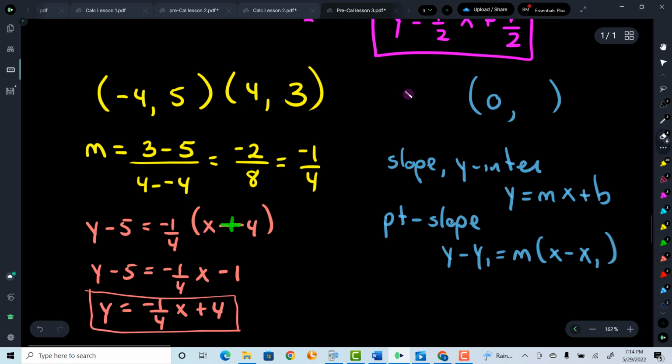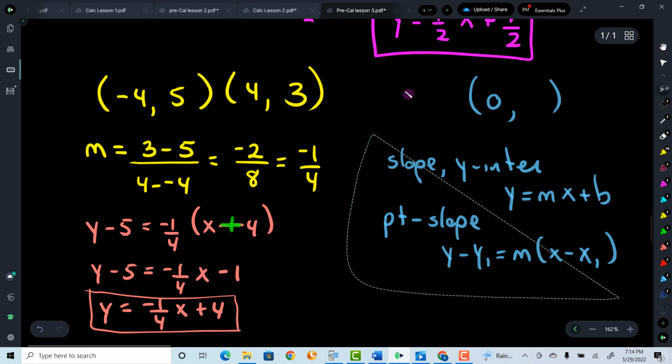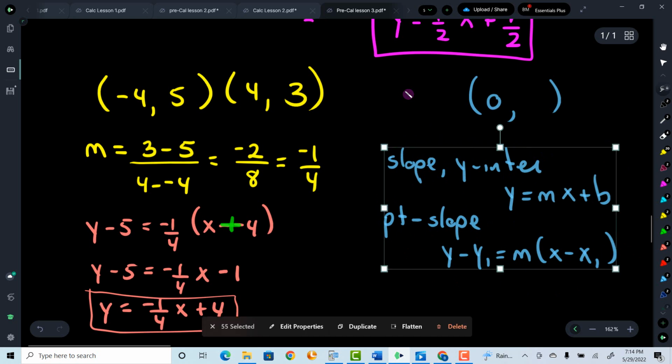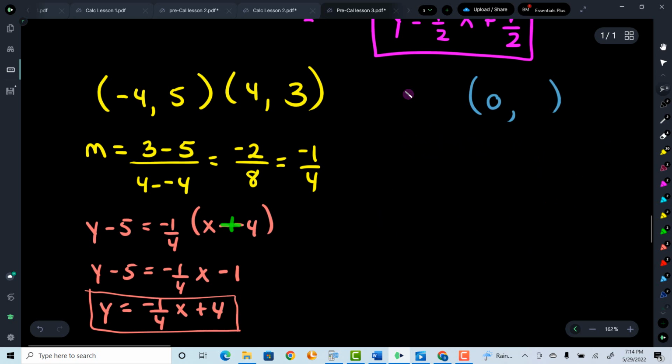I'm going to do it again, but this time I'm going to use the other point, and we'll see if we get the same equation. Okay, so let's see here. We're going to do y minus 3 equals -1/4 (x minus 4).